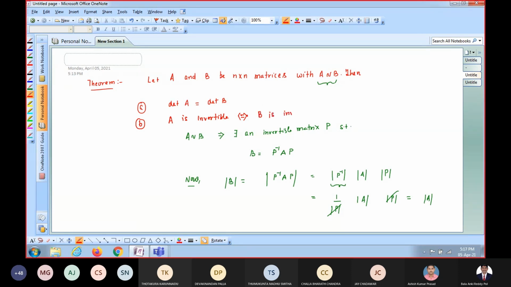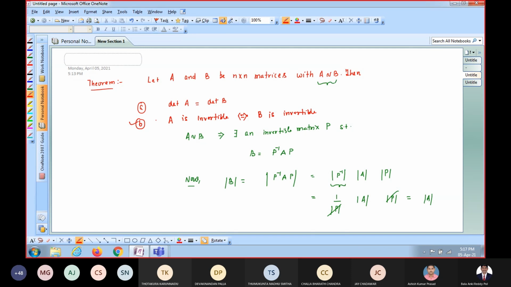A is invertible means the determinant of A is not equal to 0. Now, if A and B are similar, then the determinant of A is equal to the determinant of B. That's why if the determinant of A is not 0, the determinant of B is not 0. So if the determinant of B is not 0, B is invertible.